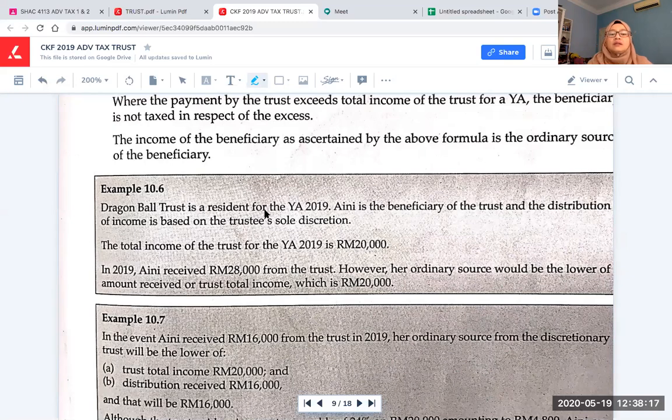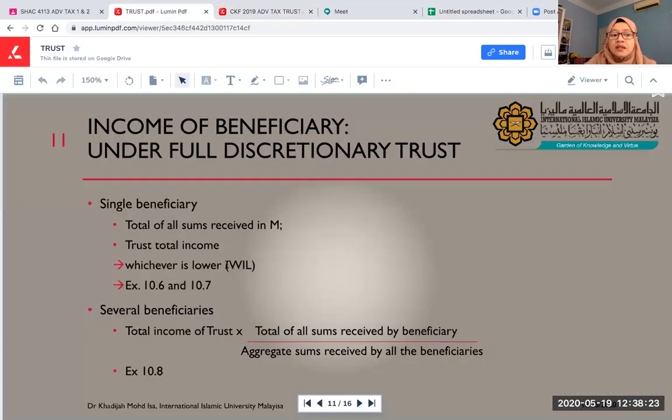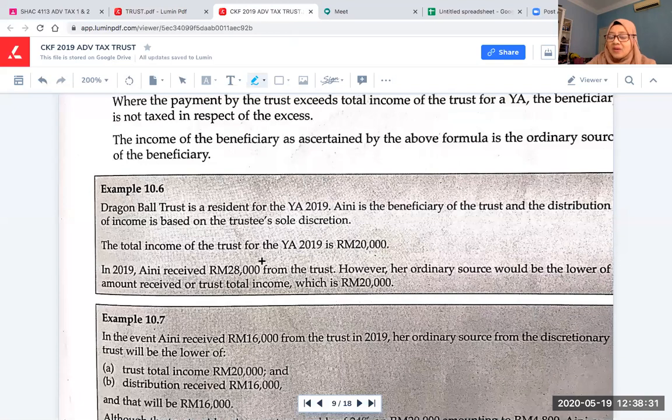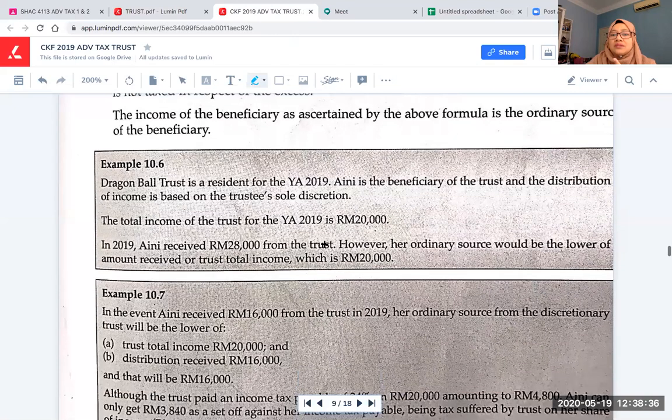Kita akan based on kat sinilah, sekarang discretionary kan. Bila discretionary kita kata apa? The lower of sum received or total trust income. So sum received is how much? 28,000. Total trust income is 20,000. So statutory income of the beneficiary under this scenario is 20,000, whichever is lower.